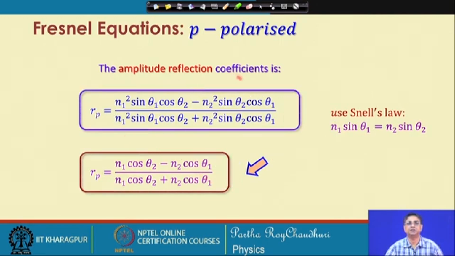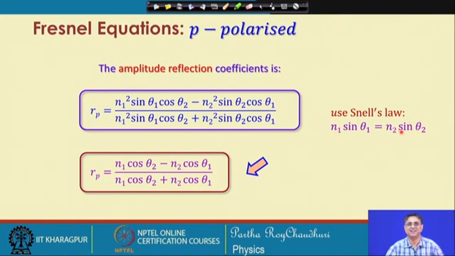So, amplitude reflection coefficient we can even write in some modified or reduced form, rather we can say that RP is equal to this in terms of the refractive indices, but now by Snell's law, we have just now seen that N1 sin theta 1 for the first medium, the sine of the angle with the refractive index, is equal to N2 sin theta 2 for the second medium.